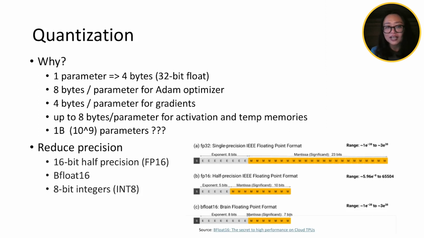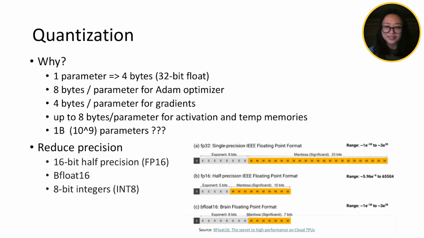If you think about it, if you have 1 parameter and you represent it as a 32-bit float, or 4 bytes, if you have a billion of those parameters, that's 4 GB, and that's just for weights alone. Now if you need to fine-tune or train, you have other things. At 8 bits per parameter, for example, for your Adam optimizer, 4 bits for gradients, and up to 8 bits for activations and temporary memories, it really adds up.